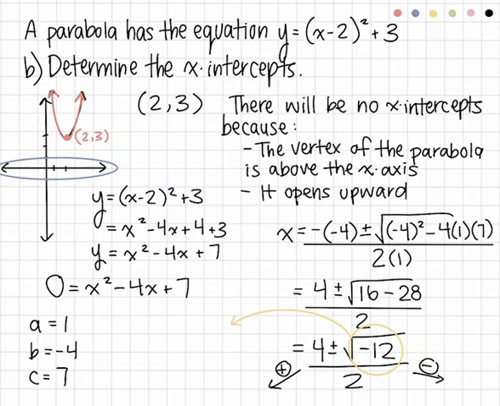So since the square root of a negative number is not a real number, therefore there are no real roots here, right? So we have no solutions. We're going to have no zeros because x does not exist. Our x-intercepts do not exist.